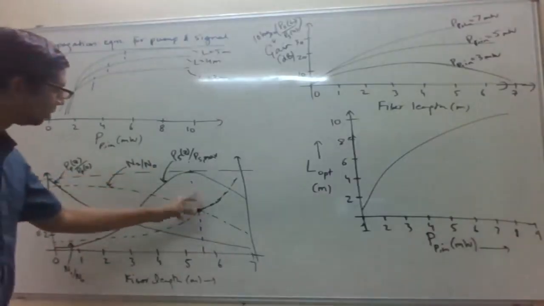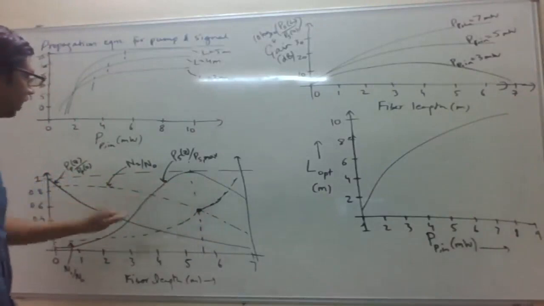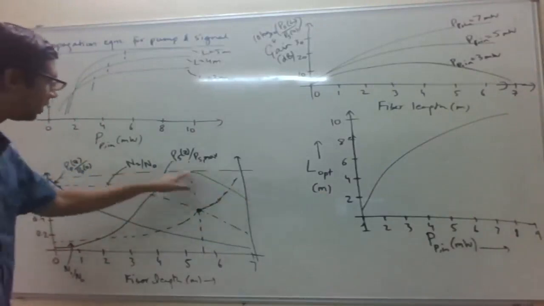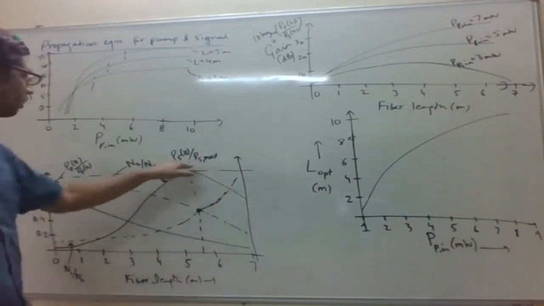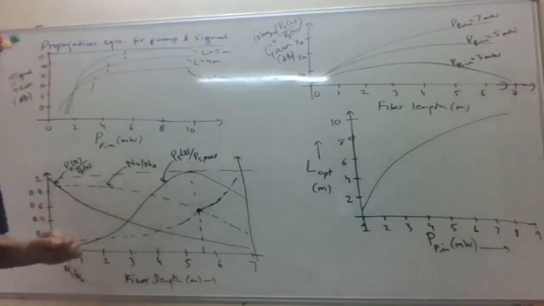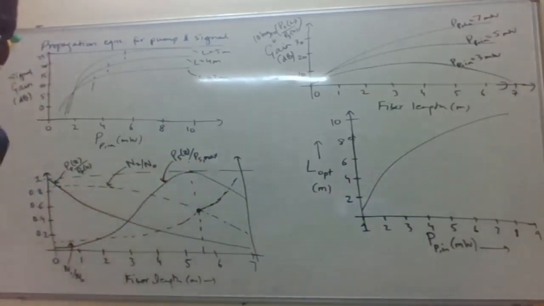At some point, you don't have population inversion anymore, and after that the signal will start to decay. So the gain will happen up to the point where you have population inversion, for a given length.